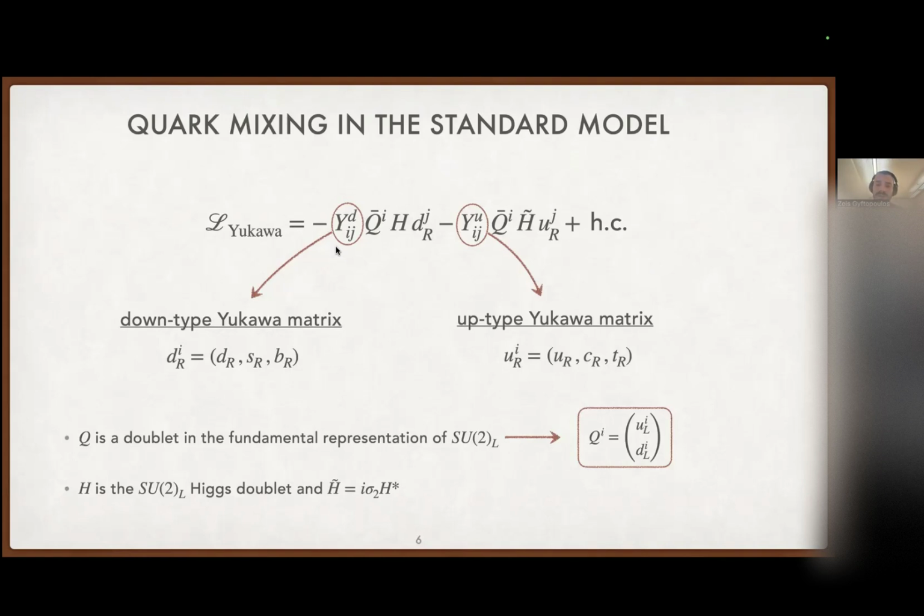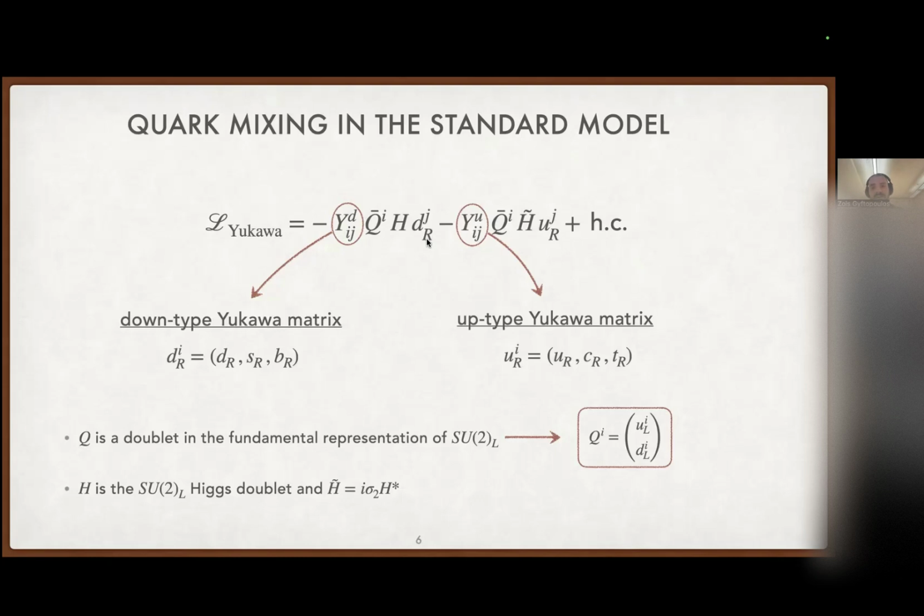we would like to actually change bases. And instead of talking about flavor eigenstates of the quarks, we would like to have the mass eigenstates of the quarks. So instead of having general Yukawa couplings, we would like to have Yukawas that enter the masses of the quarks and also some extra parameters, which will actually be the mixings.